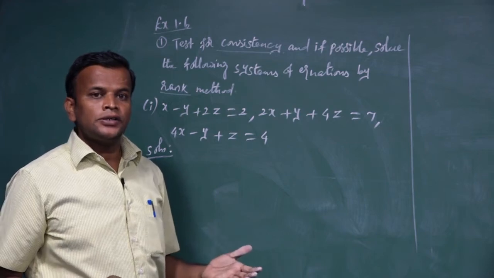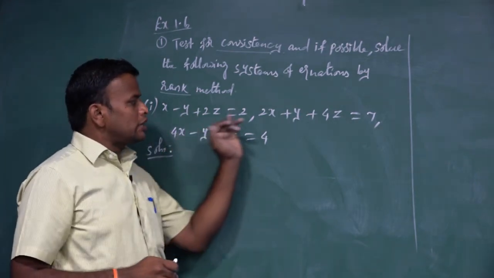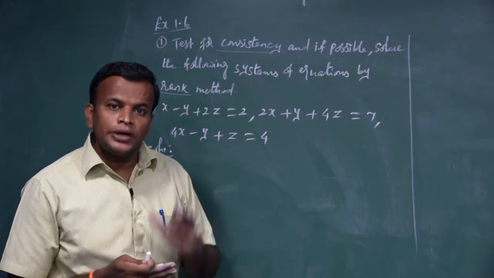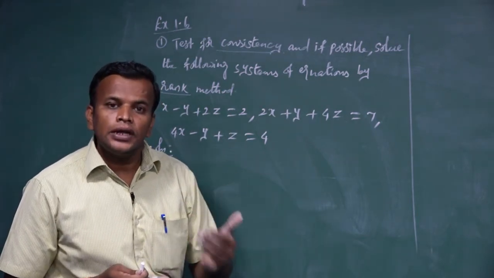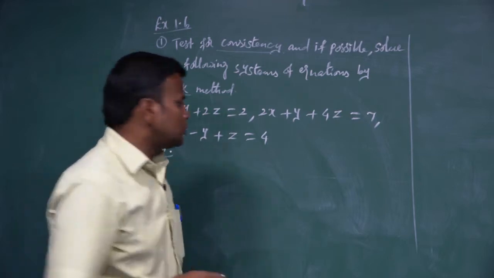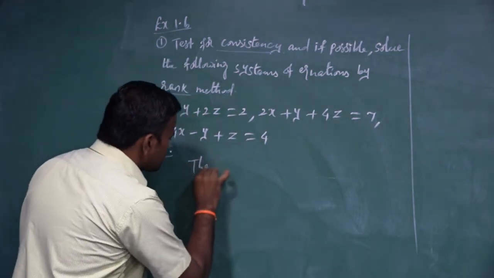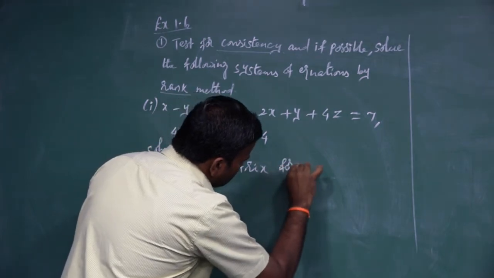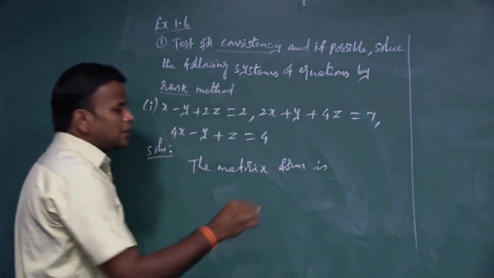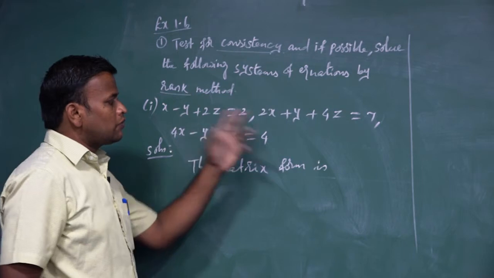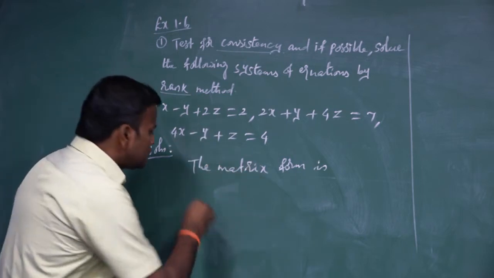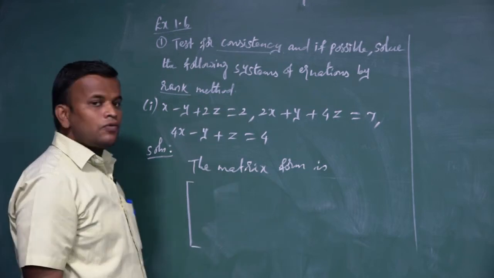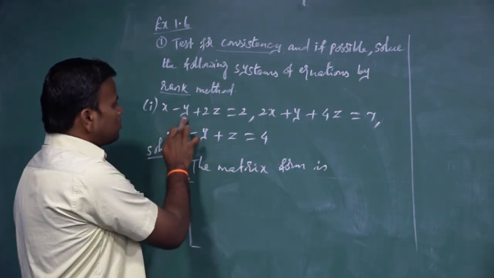So rank method means first step is to write the given system of equations in matrix form. Next we write in augmented form. Then to convert in echelon form. So the matrix form is, directly we write the matrix form of the given system of equations. The first equation coefficients of x, y, z: 1, minus 1, 2.